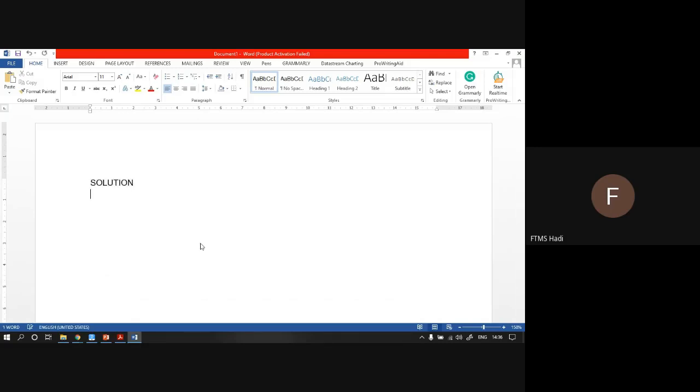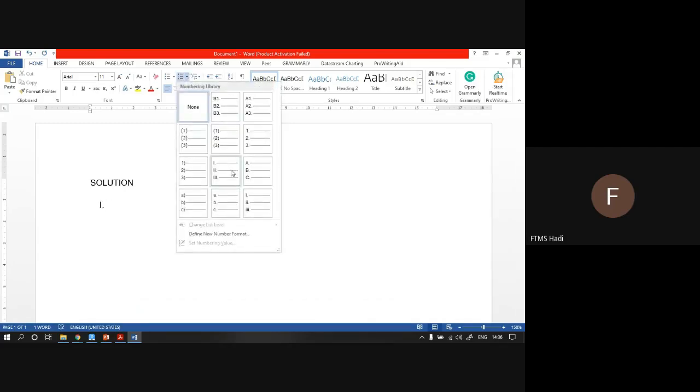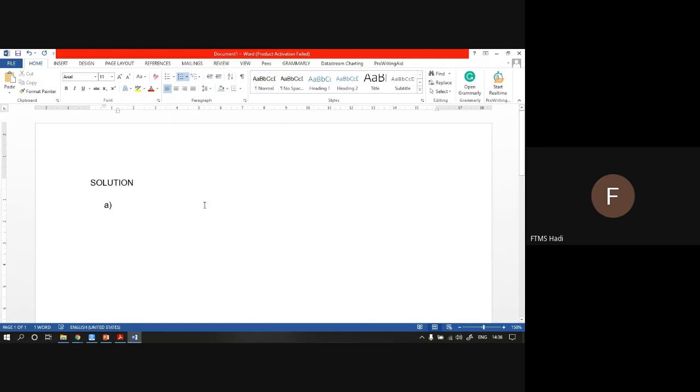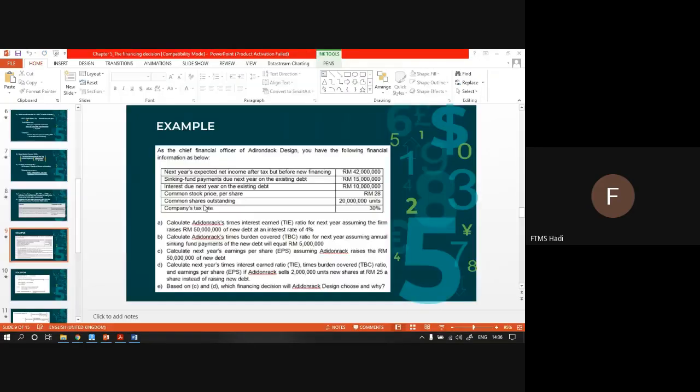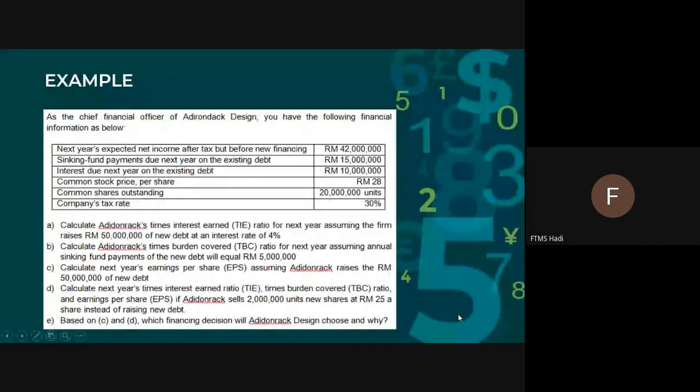Solution for the earlier question. Okay, so the first question is TIE. That means what happens to the TIE, times interest earned. Okay, this one, times interest earned next year.